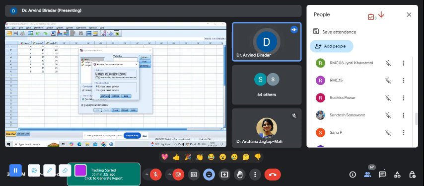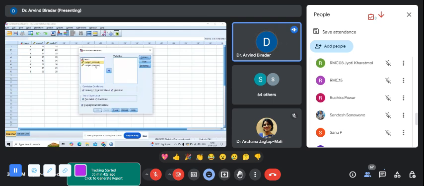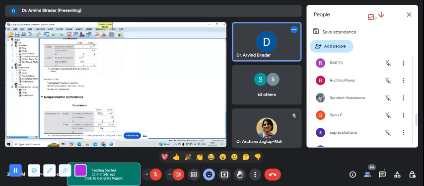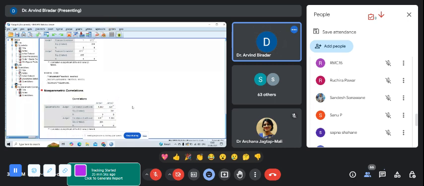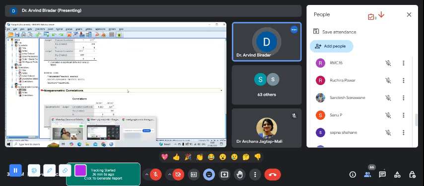If you want, you can take the mean and also exclude. Okay. Variables are this. Yes. Okay. See that.